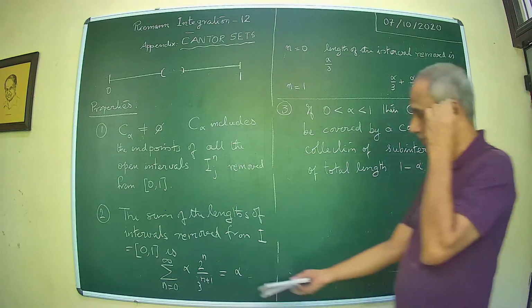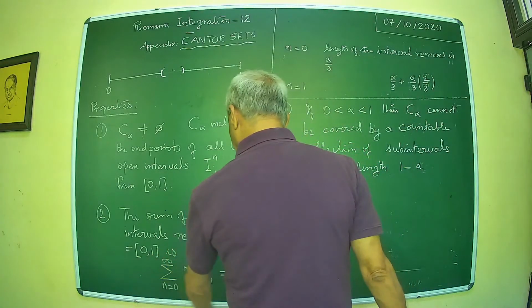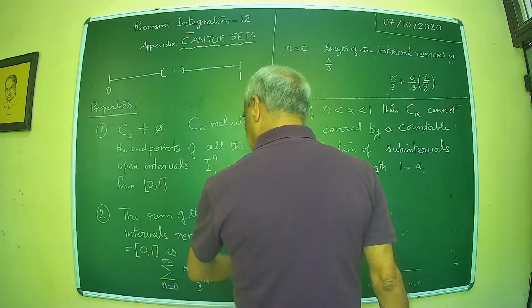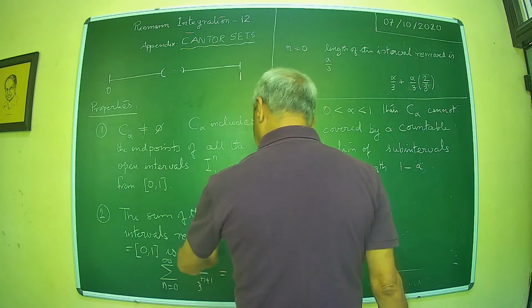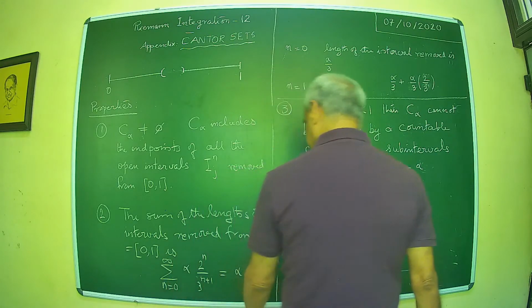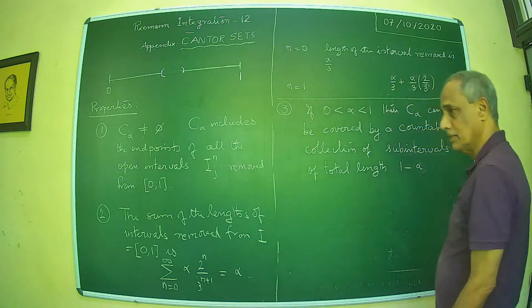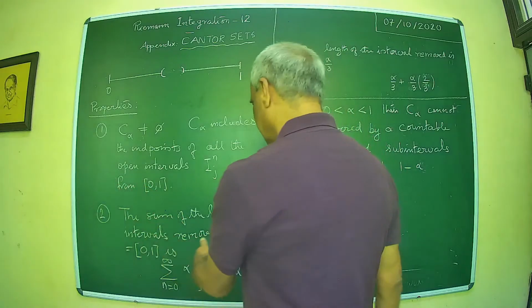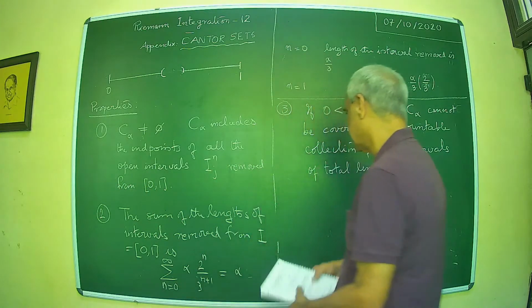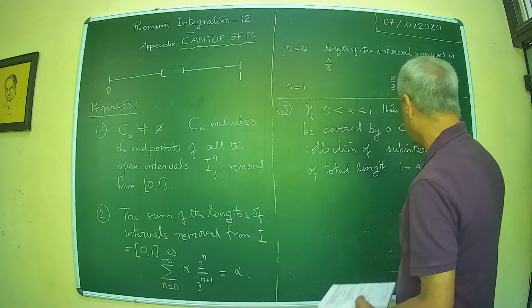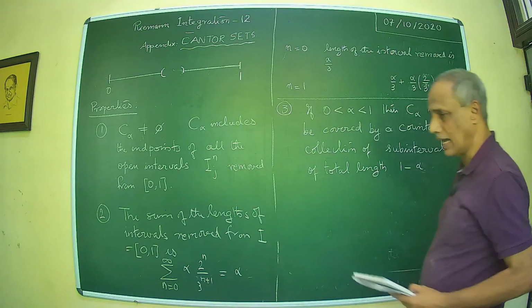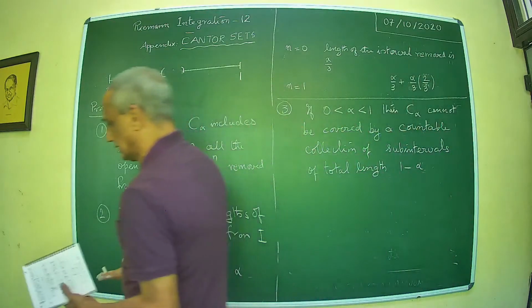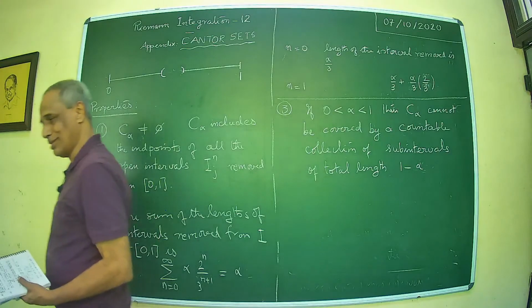So this is the length of the interval that has been already removed. So what is left is the total length minus alpha. So you cannot cover it. So the leftover has a content, you would like to call that content.